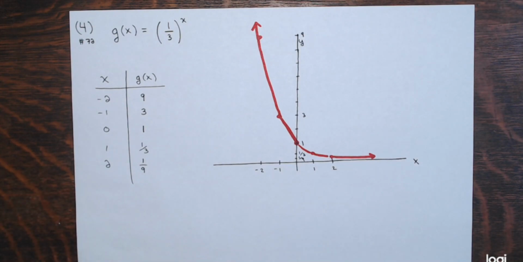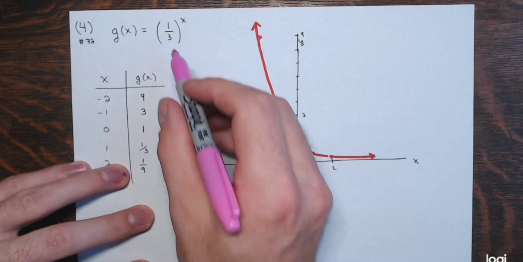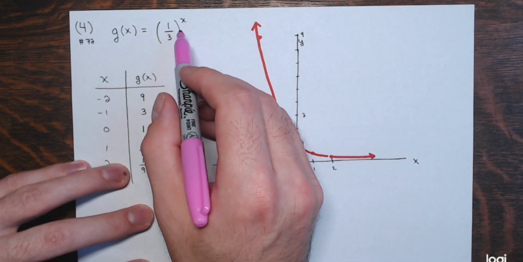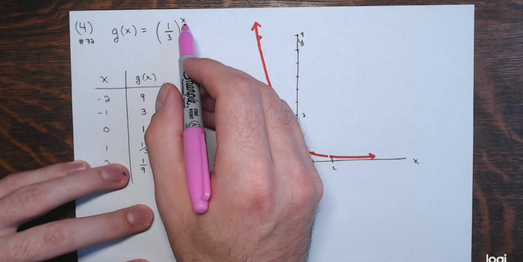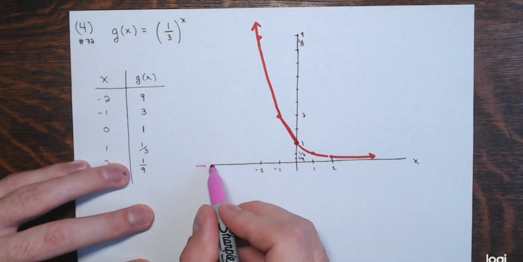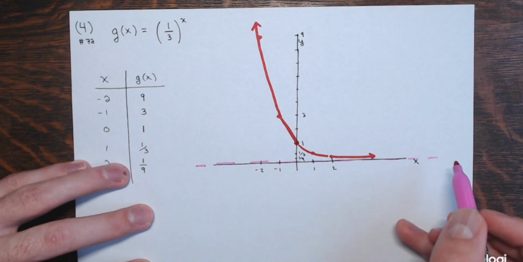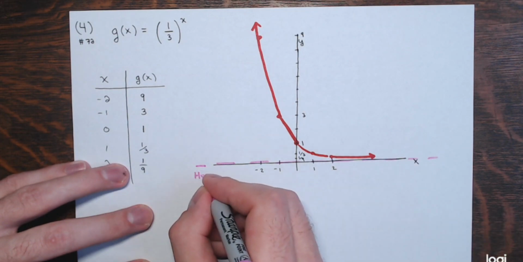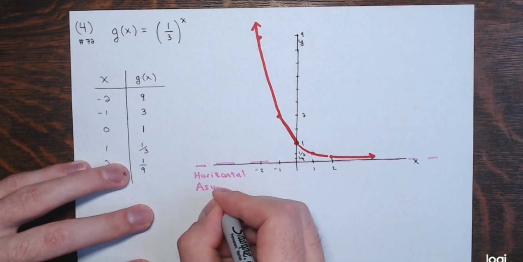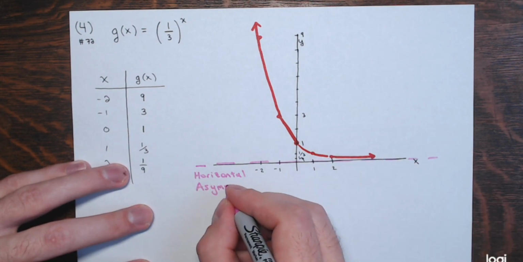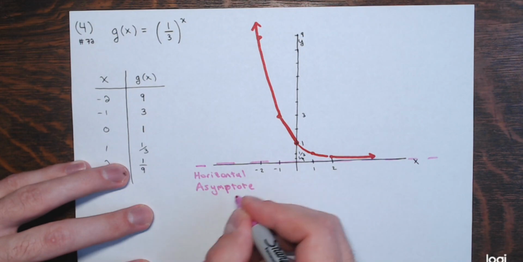So one more time, you'll notice that for any of these basic exponential functions, a simple number to the x power, the horizontal asymptote is the x-axis, y equals 0.